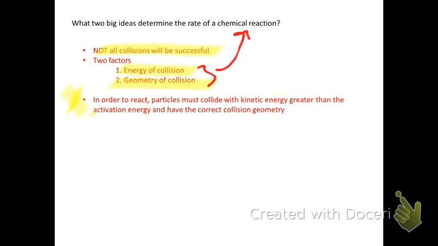Again, in order to react, particles must collide with kinetic energy greater than the activation energy. We'll talk about what activation energy is in a minute. And they have to have the correct collision geometry, which we'll also talk about. So these two factors are going to determine the rate of a chemical reaction.